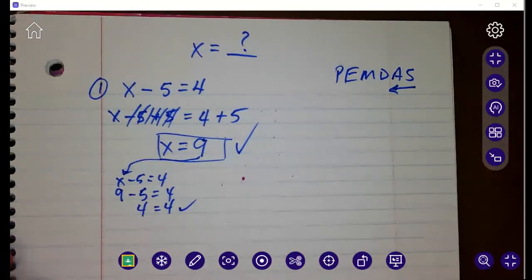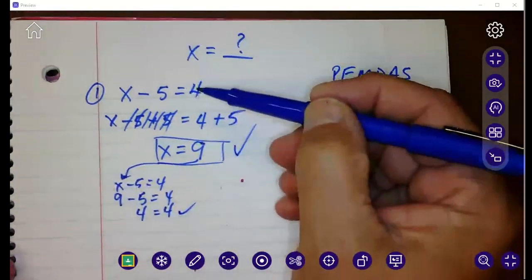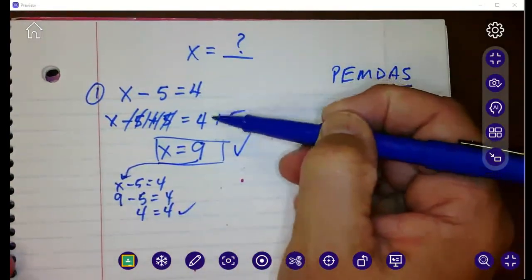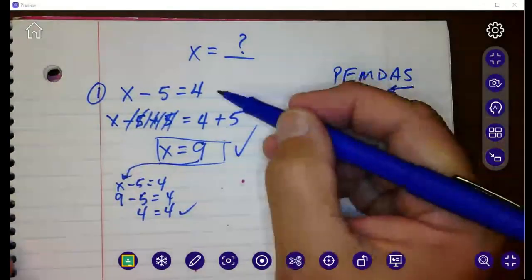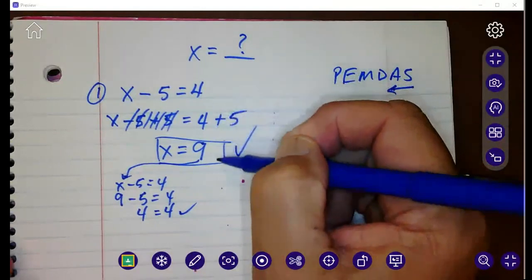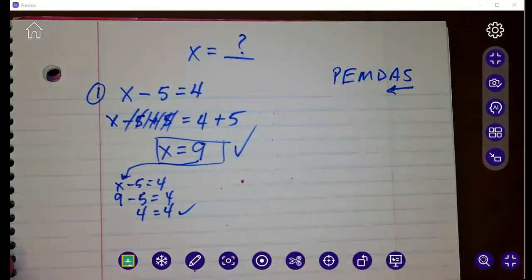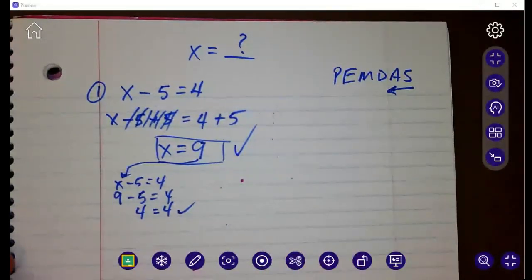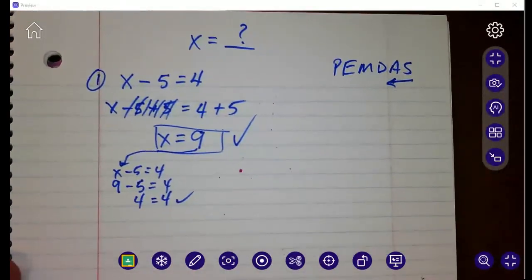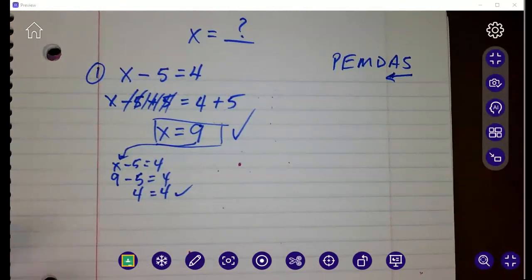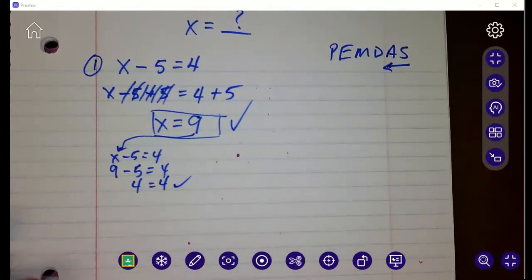When you solve an equation, you should write exactly what I wrote. Your paper should look exactly like this right here, because I want you to learn the process. Trust me, if you follow my steps and do it the way I am showing you, you will be able to do the problems that we do in the future.